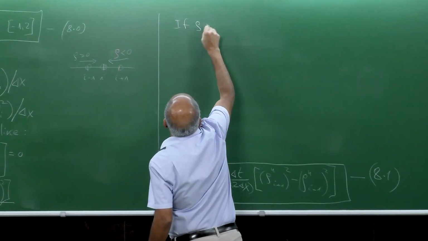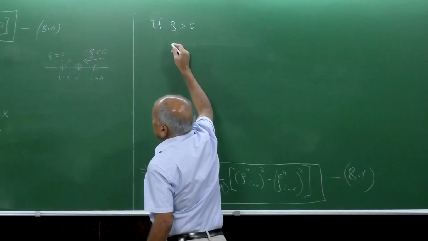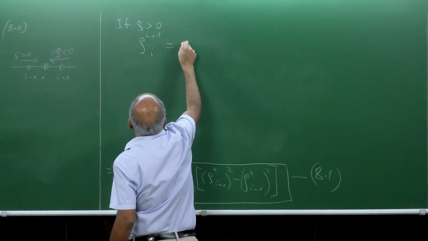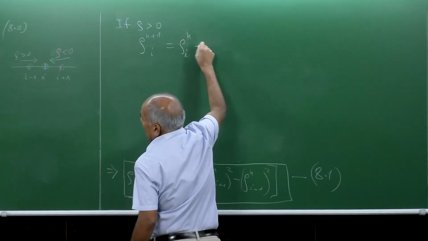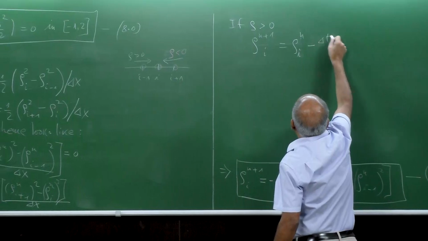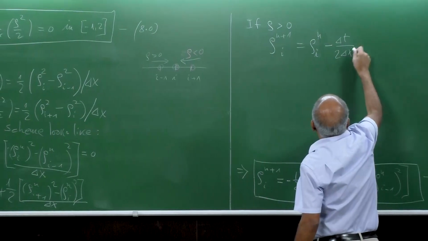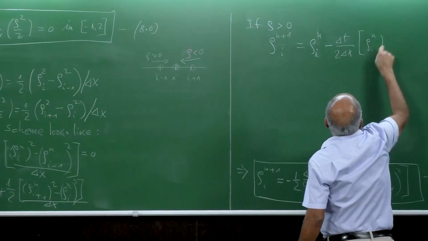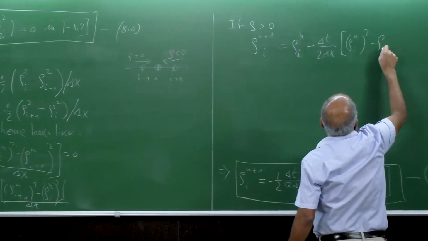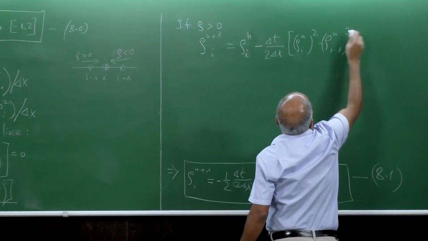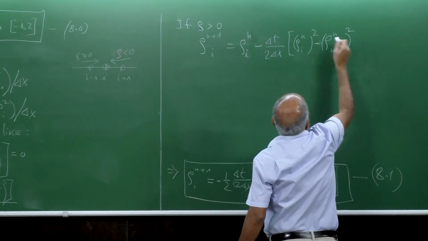If rho is positive, we get rho n plus 1 of I is rho of I n minus, putting it on the right hand side, delta t by 2 delta x, rho of I n square minus rho of I minus 1 n square.